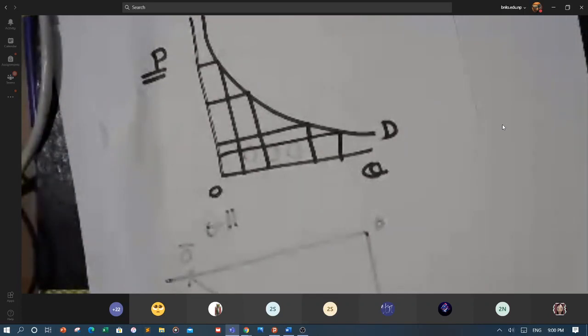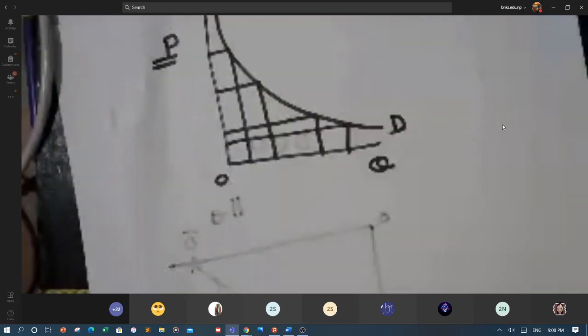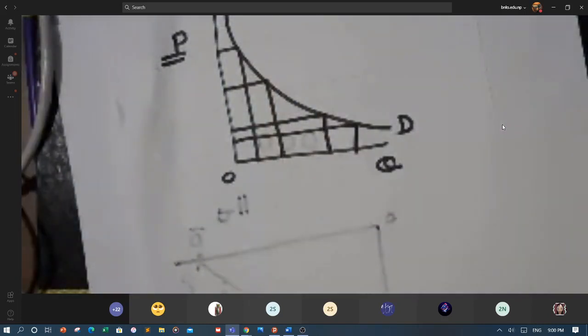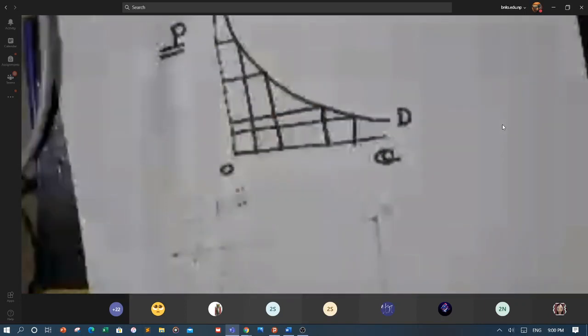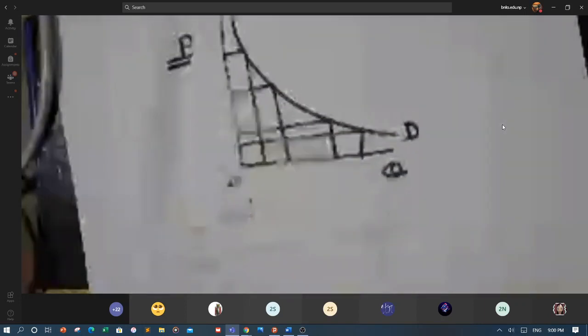You got the point? Whatever the point you choose, if you draw the rectangle from that, the value in each and every case will be equal. That's why it is called a rectangular hyperbola. Any point you choose.